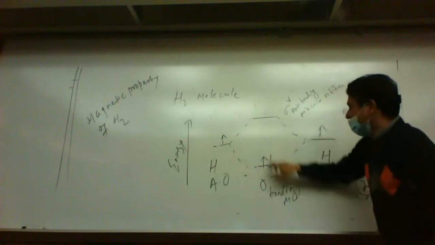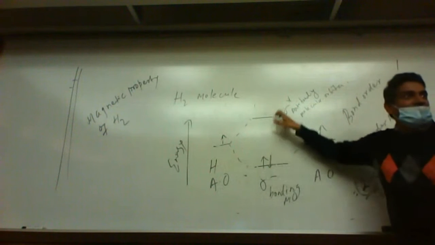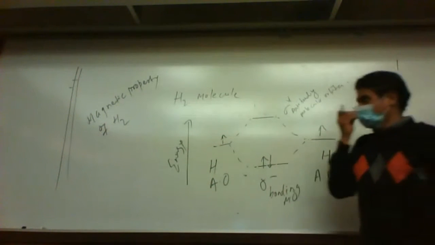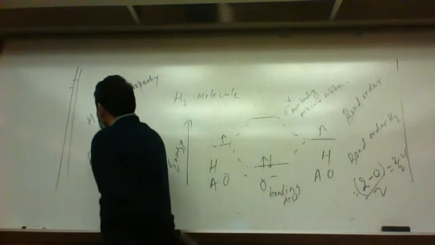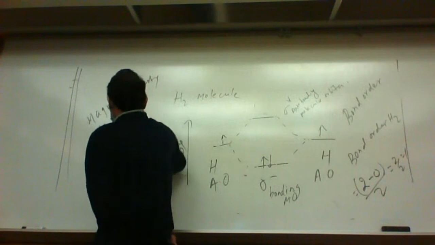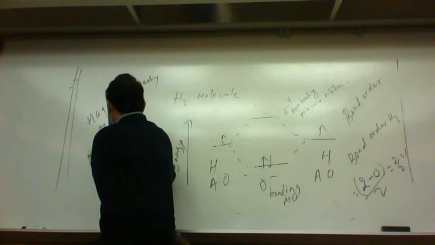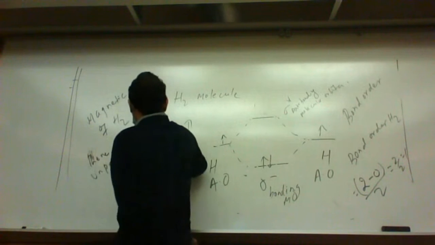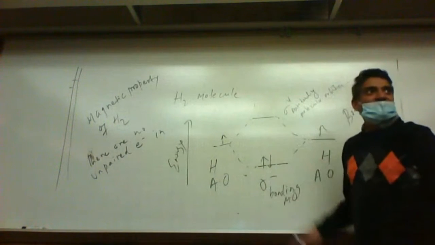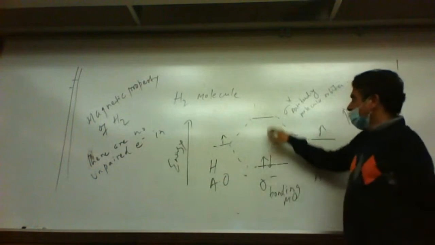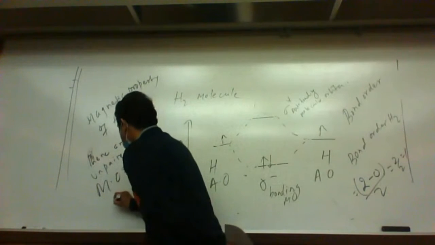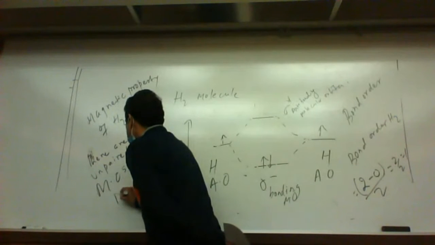But if you look at the hydrogen molecule, there are no unpaired electrons here, right? Both are paired. So this is diamagnetic. There are no unpaired electrons in this bonding molecular orbital, so this is a diamagnetic molecule.